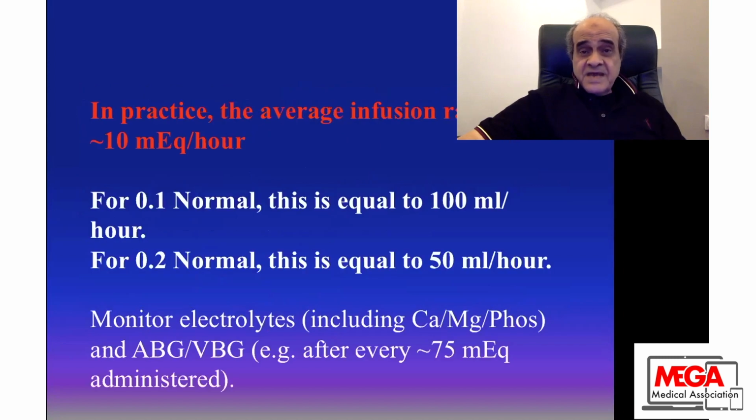In practice, the average infusion rate is about 10 milliequivalent per hour for 0.1 solution. This is equal to 100 ml per hour. For 0.2, it equals 50 ml per hour infusion. Of course, during HCl management of metabolic alkalosis, you have to monitor the electrolytes, including calcium, magnesium, phosphate, ABG, VBG, after every 75 milliequivalent administration of HCl.